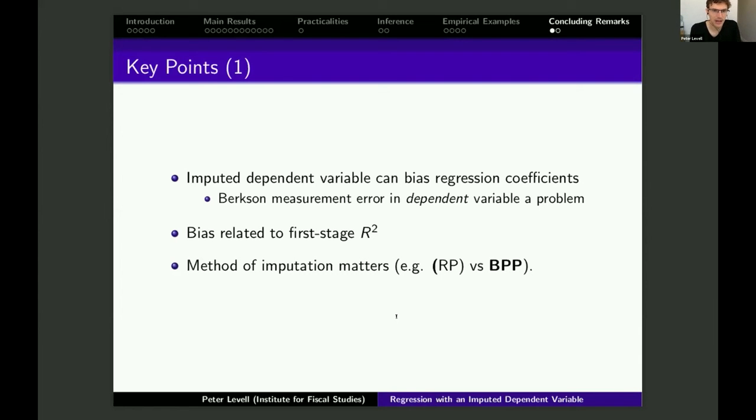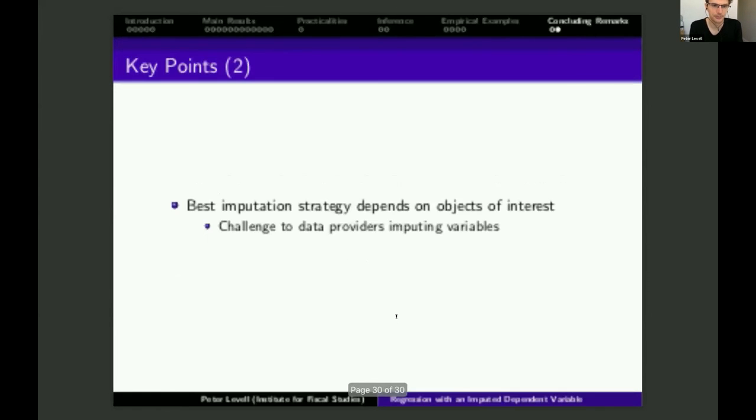The magnitude of that bias is related to the first stage R squared, and it means you're going to get an attenuation bias, a coefficient bias towards 0 if you adopt the wrong imputation procedure. The method of the imputation approach matters. So it's not innocuous if you regress Y on Z or regress Z on Y, as different papers have done. And we saw that with the comparison of the regression prediction approach and the London Preston Vistafari approach.